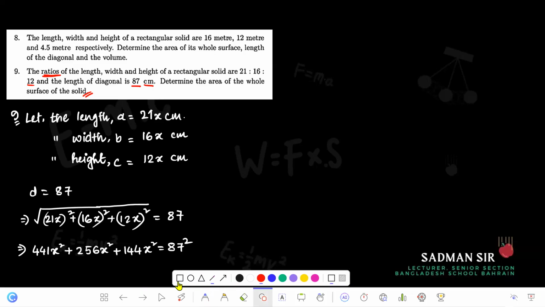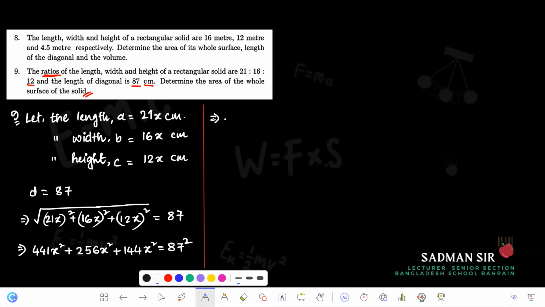Now if you add them up, you should get 841x square equal to 87 square. Now x square should be equal to 87 square divided by 841. To do the division, as far as I can remember, it should be 9. So x will be equal to root over 9, which is 3. So the value of x is 3.